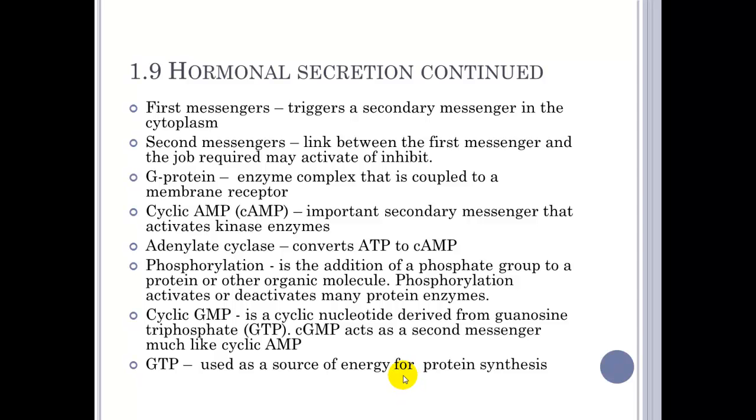Hormonal secretion continued. This is all going to be better in the picture, but I'm going to talk through it here, and then the picture is the next slide. We have first messengers, and first messengers trigger a secondary messenger in the cytoplasm. Generally our first messengers are on the cell surface.